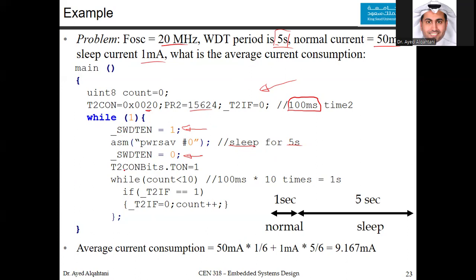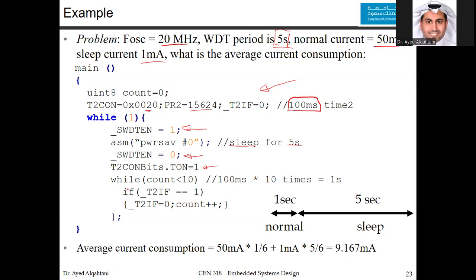And then notice at this point, we didn't start the timer. We started the timer right there. And then we said, while the count is less than 10, you check this while loop, or you go through its body. If the timer expired, which is timer 2, then you reset the flag, obviously, and then increase the count.